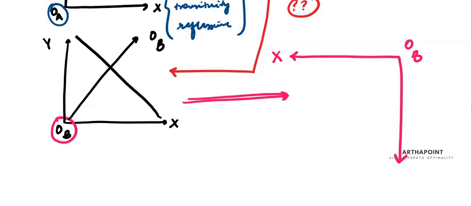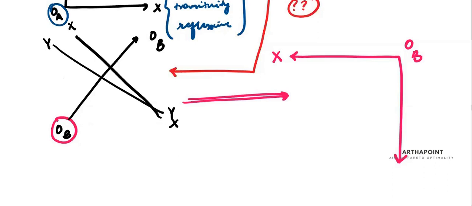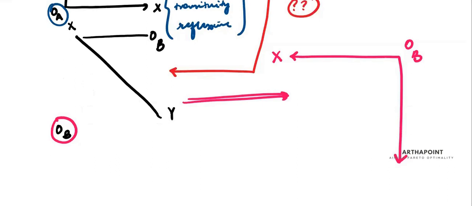X goes on its opposite side and comes here. Y goes on its opposite side and comes here. Because of which, what really happens is that I just get a curve like this. This is what I have done here.